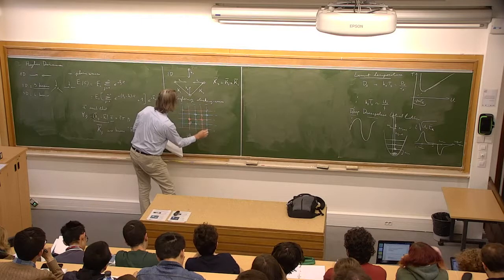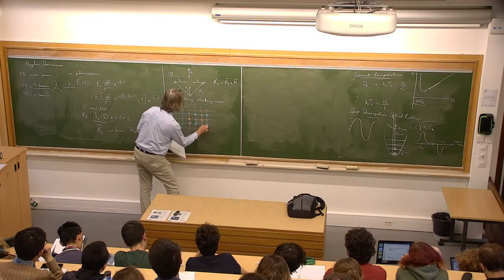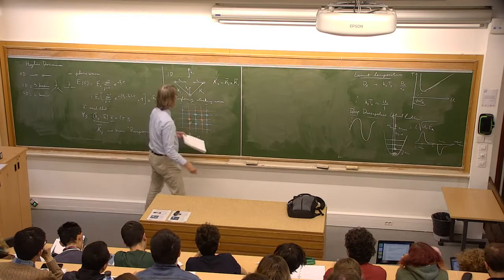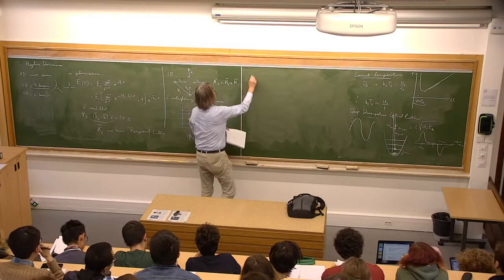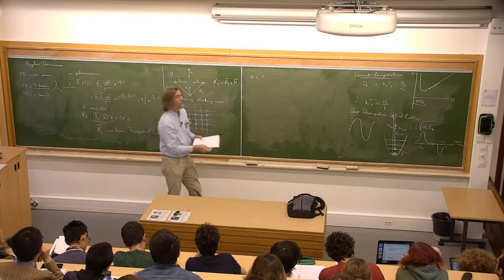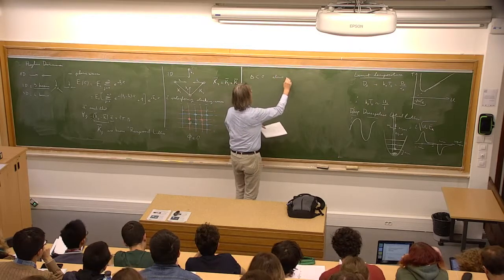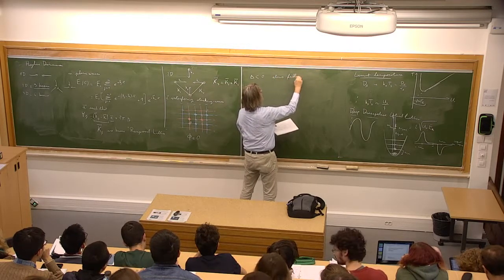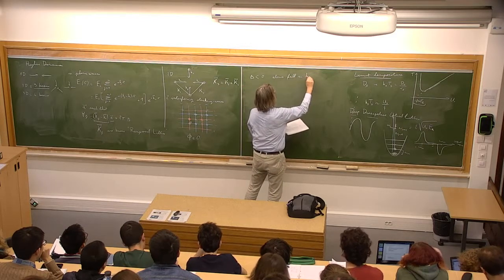And so if you are considering a negative delta situation, then the atoms fall in the high intensity region.